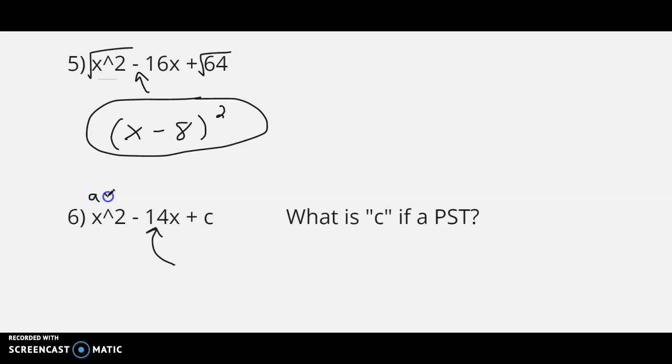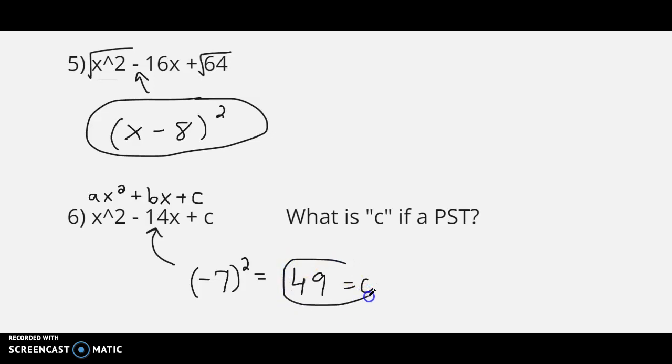Notice the formula is for a standard form ax squared plus bx plus c, and if we're going to tell you that this particular quadratic trinomial is a perfect square, here's how you do it. You take half of b, which would be -7. You square it, which would give us a positive 49. And that's what c would be for this to be a perfect square trinomial.